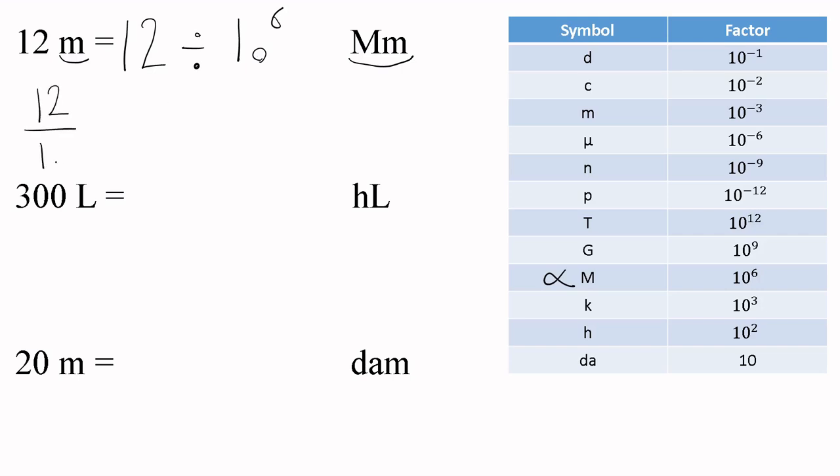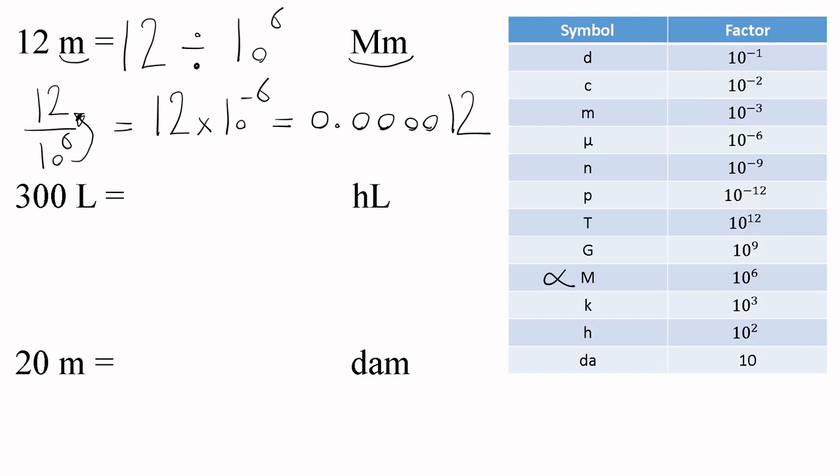I can write it like a fraction and it can go up, but the sign of the power must change. And you can write it as 12 times 10 to the power of negative 6. Or you can write it in decimal form. 4 zeros after the point and 12 megameters.